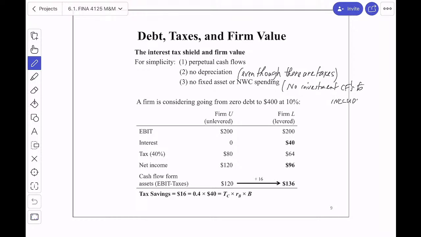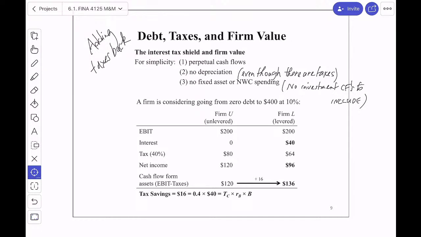So we don't have to include anything like we would in capital budgeting for investments. All right, so I'm adding taxes. So what happens if you add taxes back?